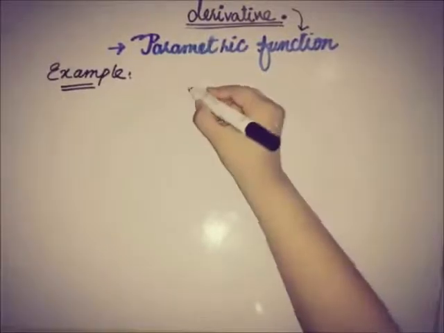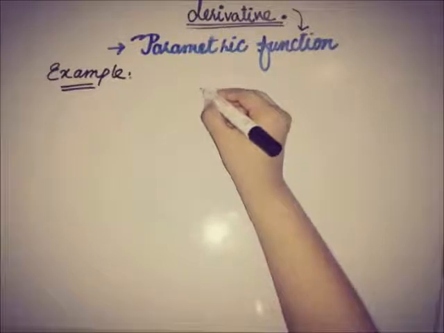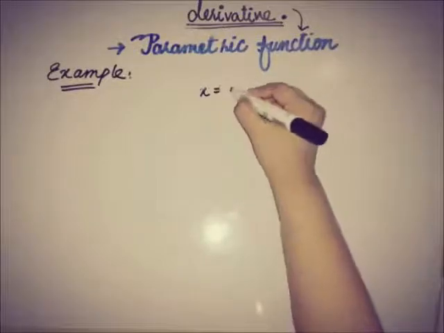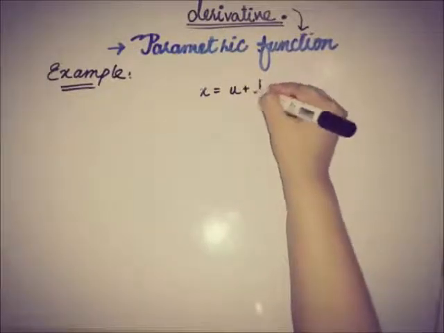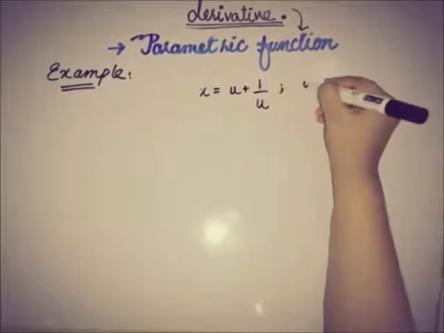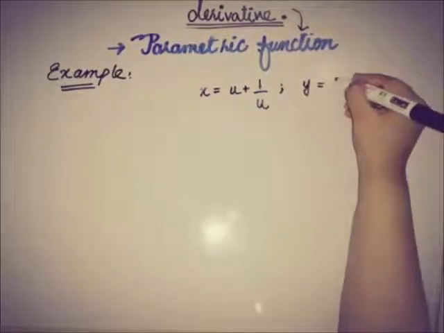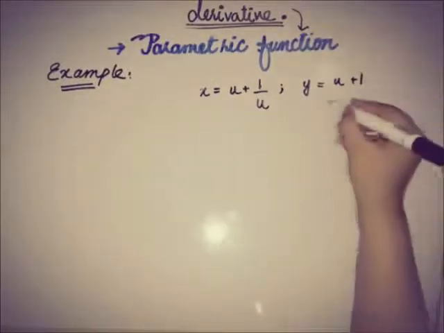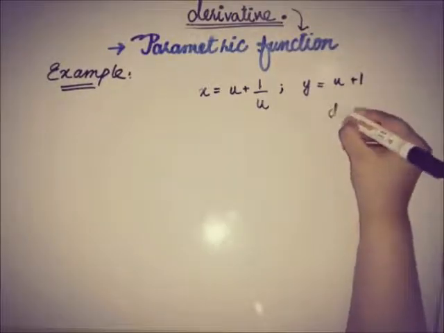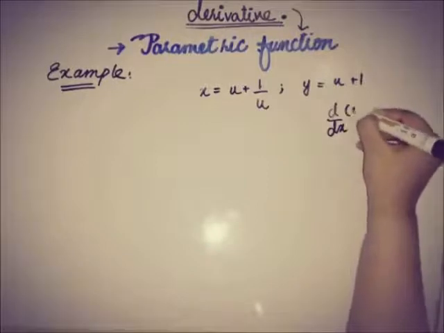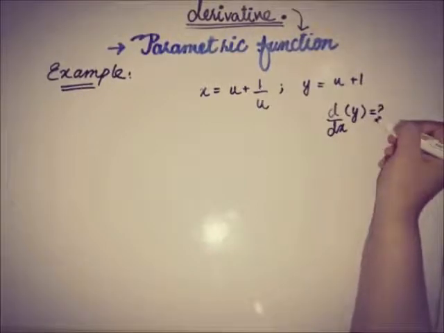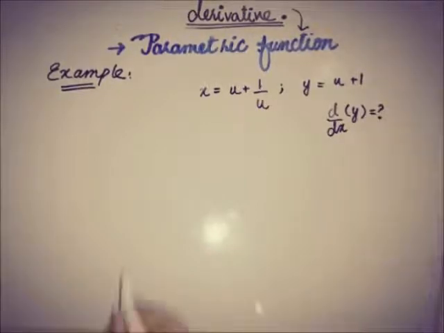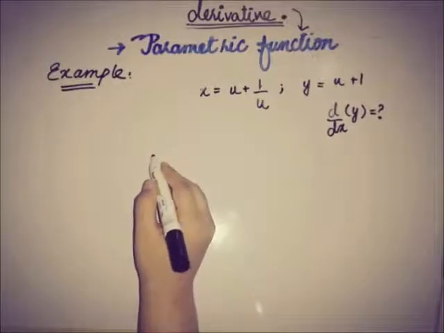So we have a function such that x is equal to u plus 1 over u and y is equal to u plus 1, and we are asked to find the rate of change of y with respect to x. The process is really simple.